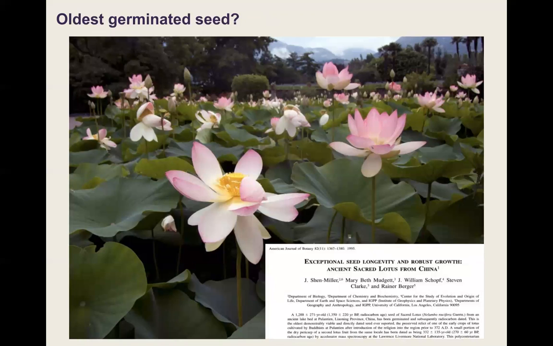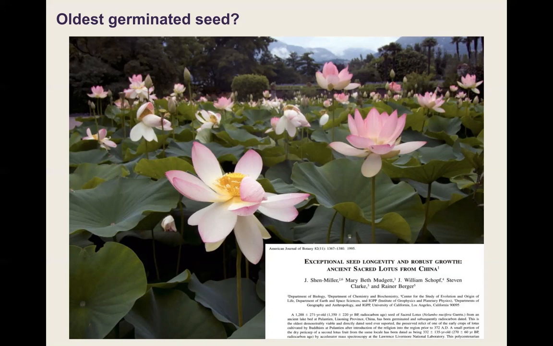How long can plants live in seed banks? Kind of an open question, but there's some competition for the record holder here. This might be the oldest verifiable seed germination that I know about. This is a sacred lotus. So this is a plant that produces seeds that are very durable, and it's a water plant. So what they found were seeds deep in the sediments of water bodies.